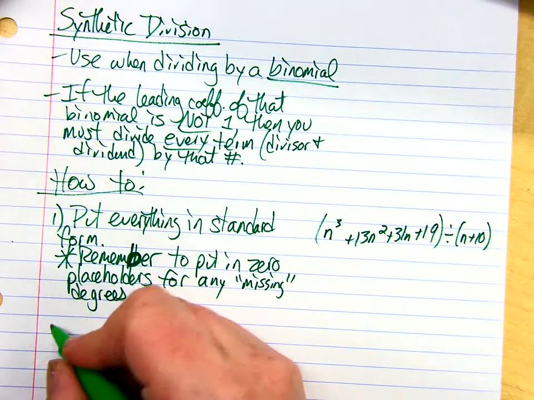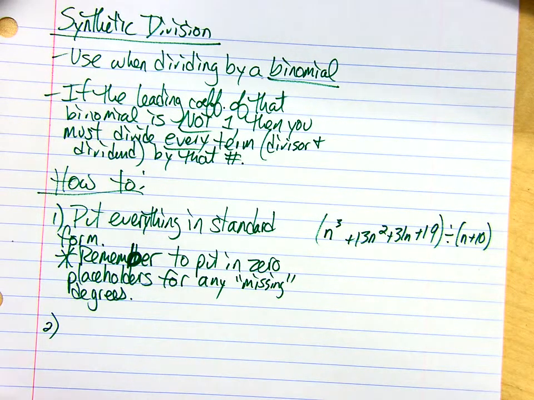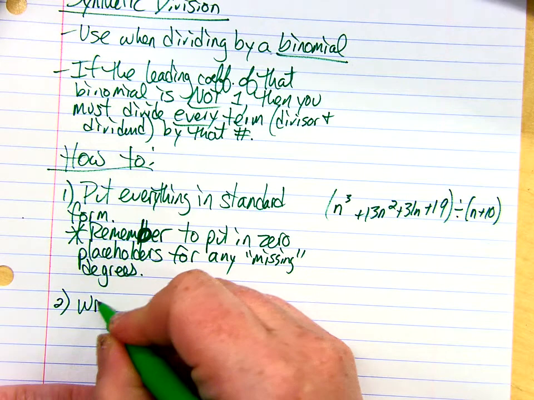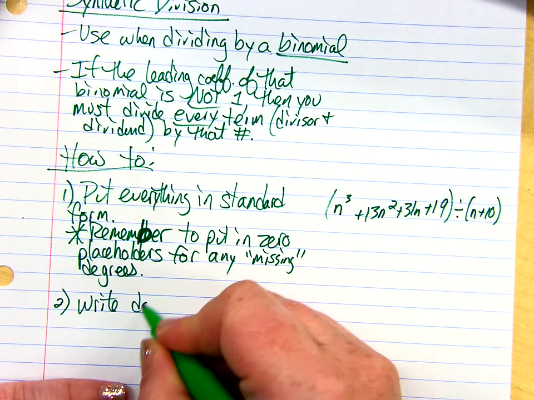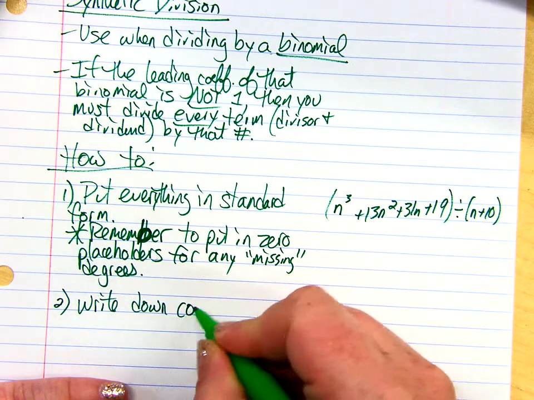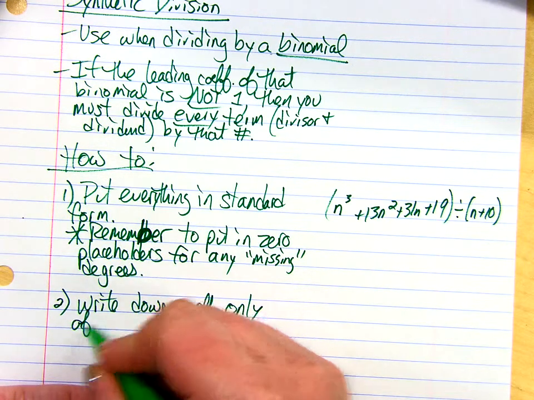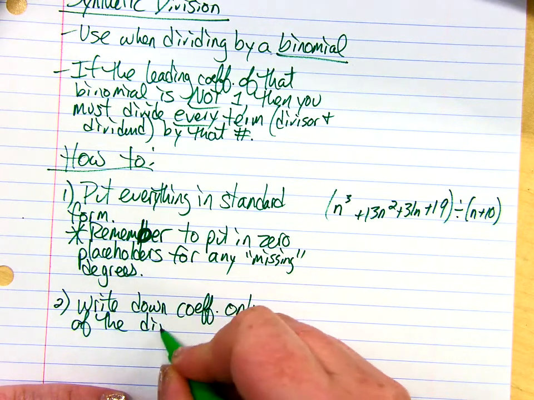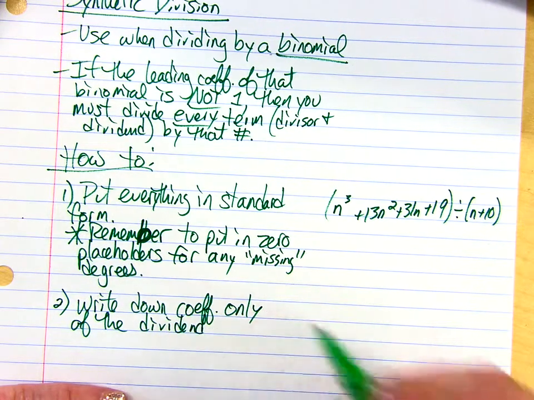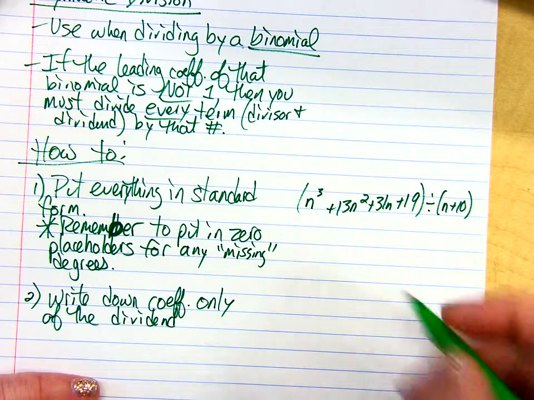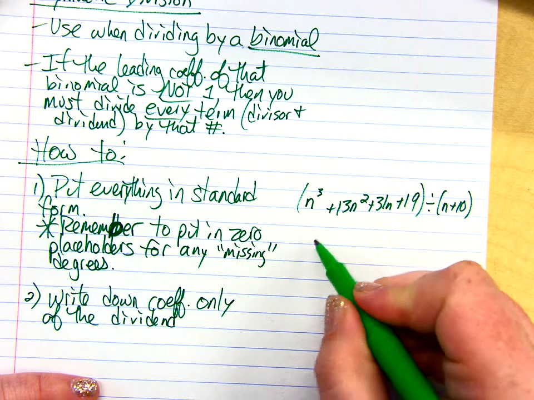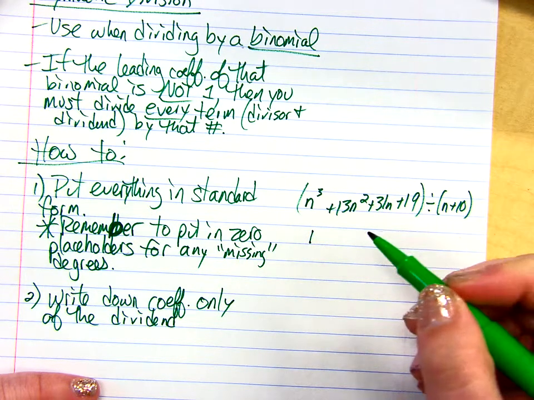So step 2. You are going to copy down just the coefficients of your dividend. So write down coefficients only of the dividend. That's the thing getting divided. So I just copy down all of your coefficients. Make sure you're watching the signs too.